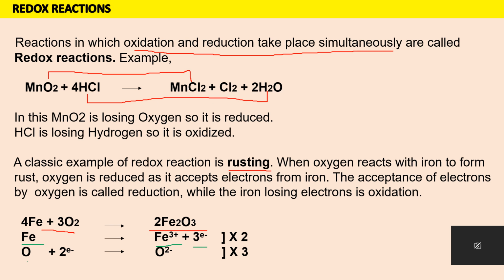But a single oxygen atom can accept only 2 electrons and can gain 2 negative charges on its atom. So, 2 iron atoms lose their electrons so that they can be accepted by 3 oxygen atoms.